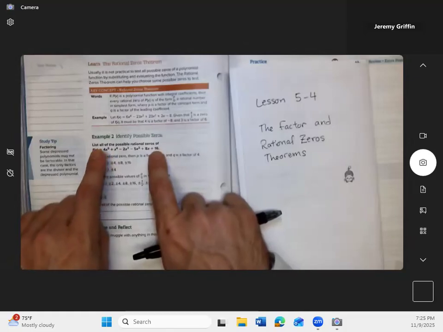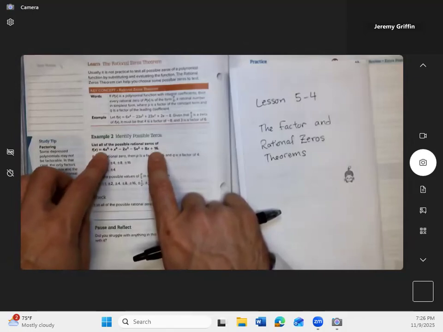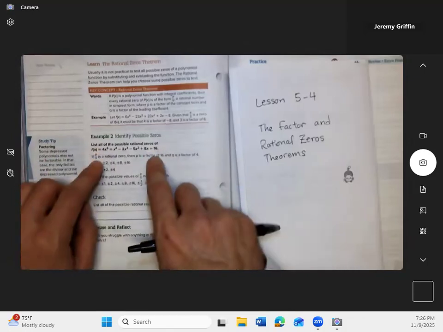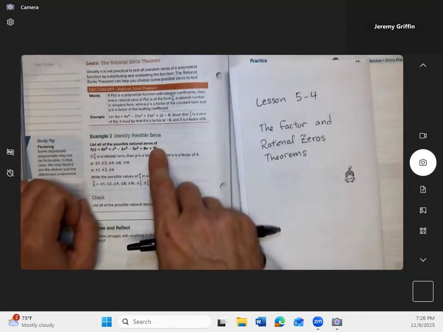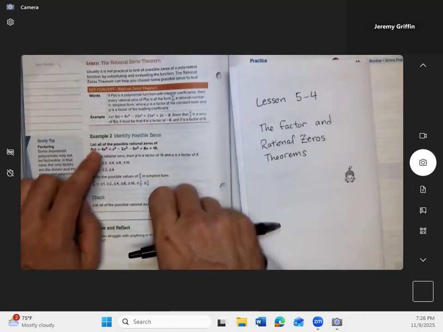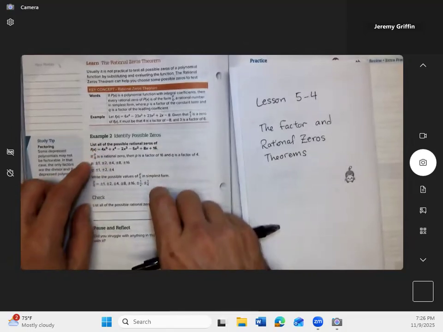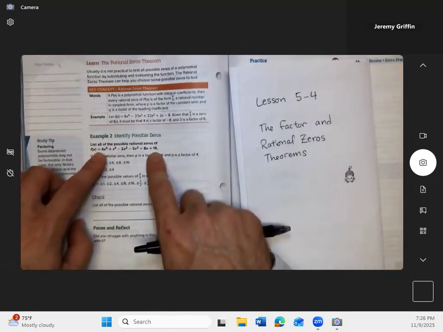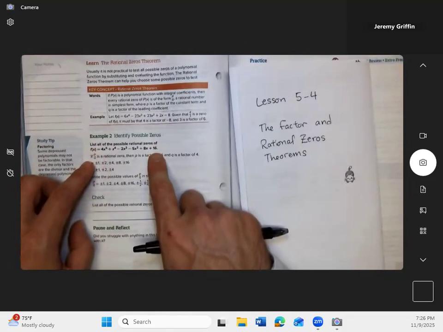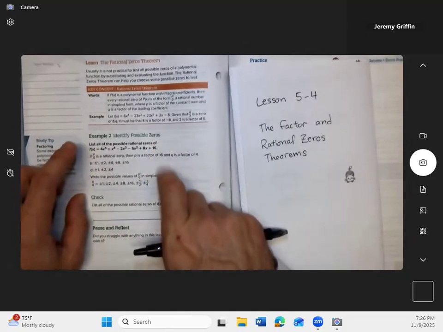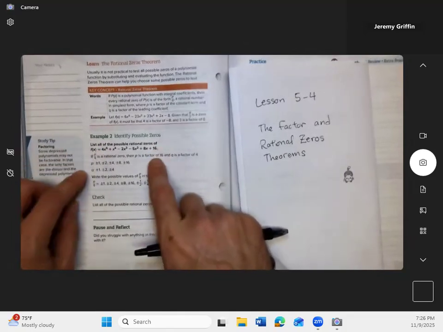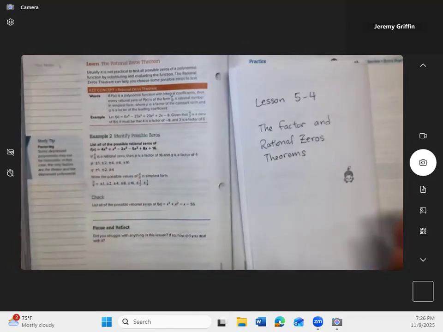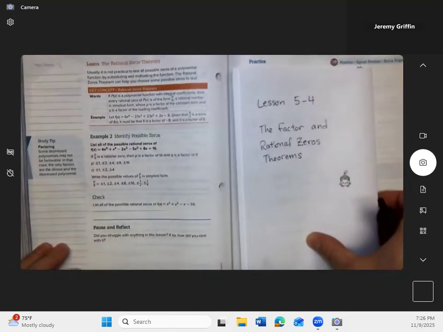Then you take all the factors of each of these numbers and divide the factors of your constant by the factors of the leading coefficient. So all the factors of what they're calling P divided by all the factors of what they're calling Q. So P over Q. You'll get a whole list of potential zeros, potential rational zeros.